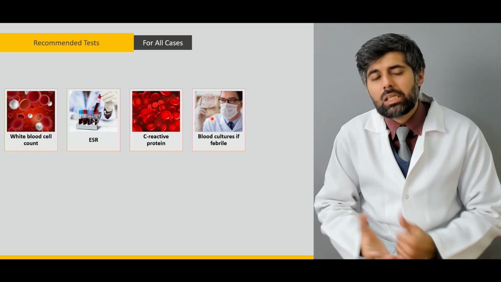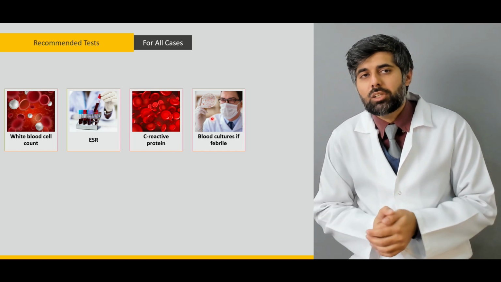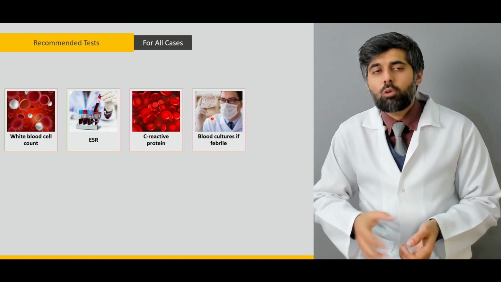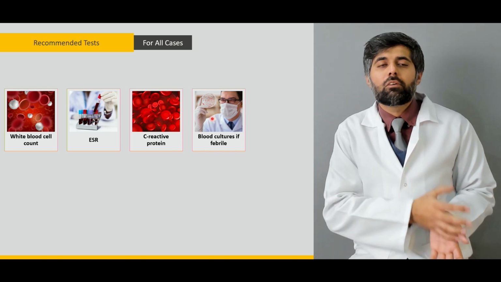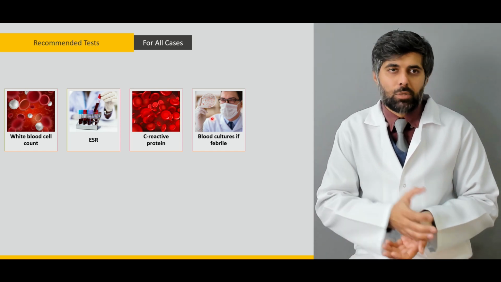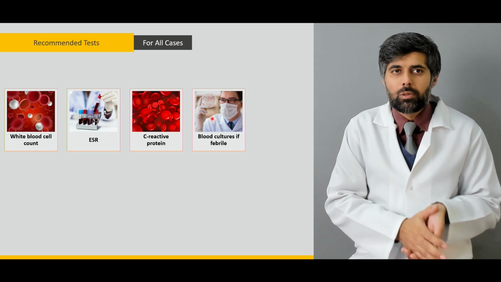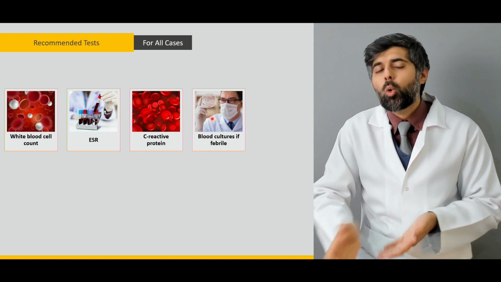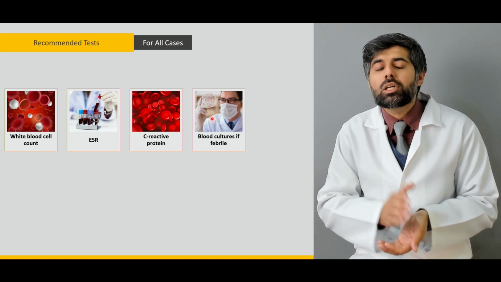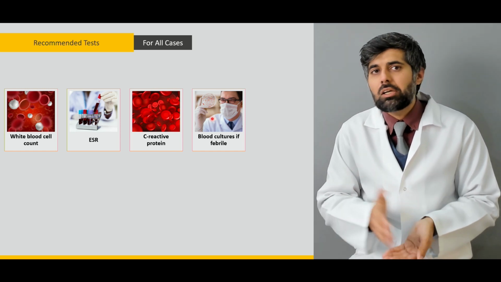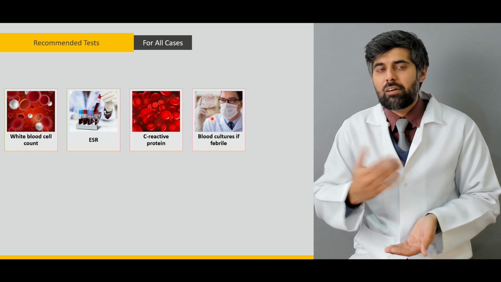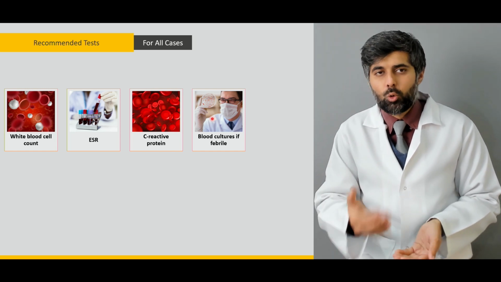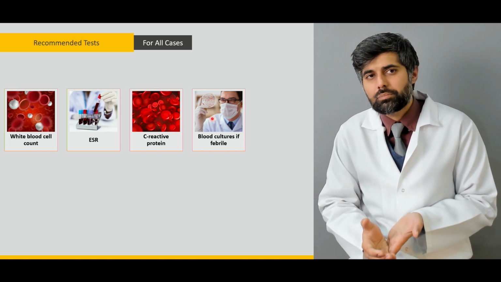Next, blood cultures if the patient is febrile. Now, fever is one of the supporting evidences when diagnosing a patient with acute rheumatic fever. And fever only occurs when the patient is undergoing bacterial pharyngitis or is having an attack of group A streptococci.